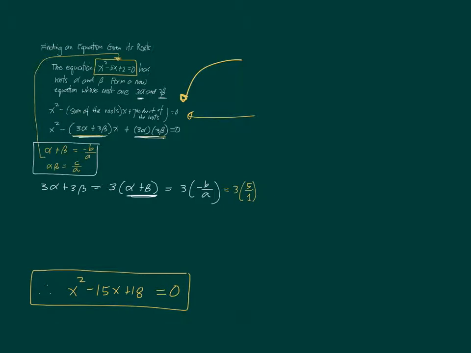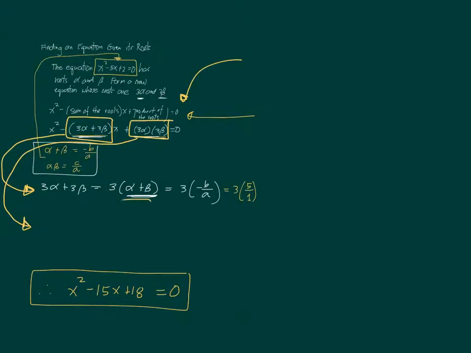You should be able to write the expression for the sum. In this case, the sum of 3 alpha and 3 beta is 3 alpha plus 3 beta, and the product is 3 alpha times 3 beta. Then try to work on them one by one and solve their values.